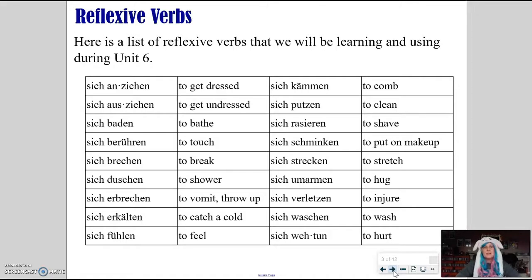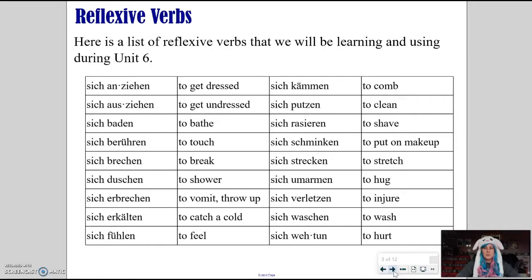They are sich anziehen, sich ausziehen, sich baden, sich berühren, sich brechen, sich duschen, sich erbrechen, sich erkälten, sich fühlen, sich kämmen, sich putzen, sich rasieren, sich schminken, sich strecken, sich umarmen, sich verletzen, sich waschen, und sich wehtun.